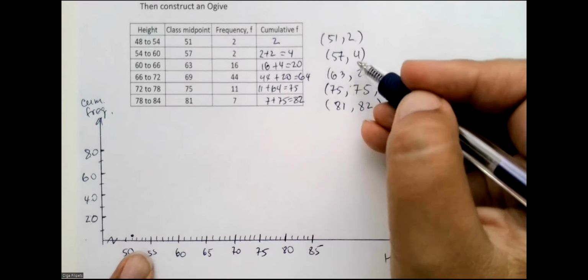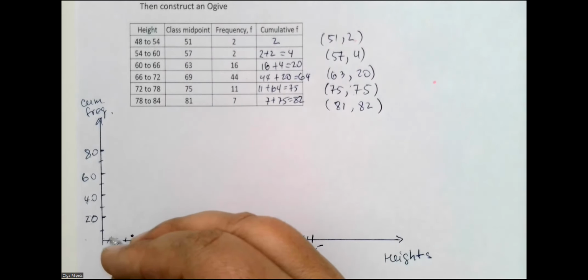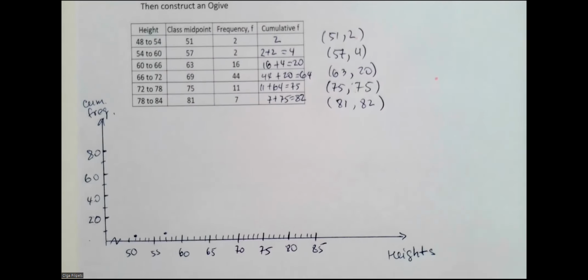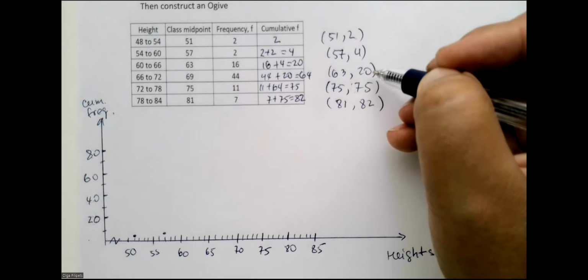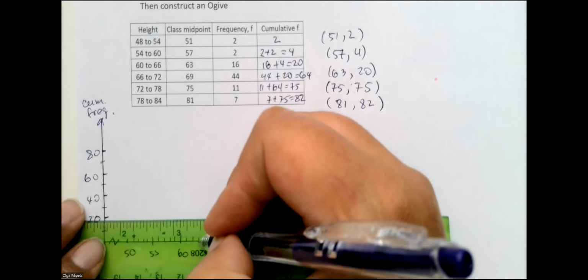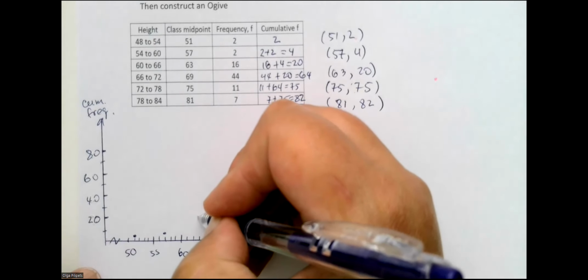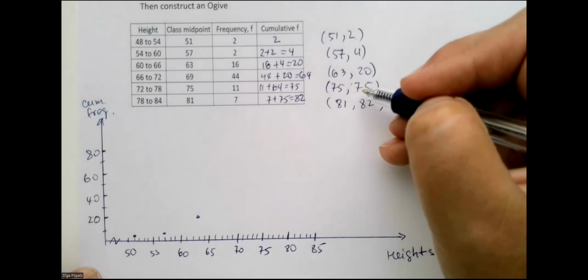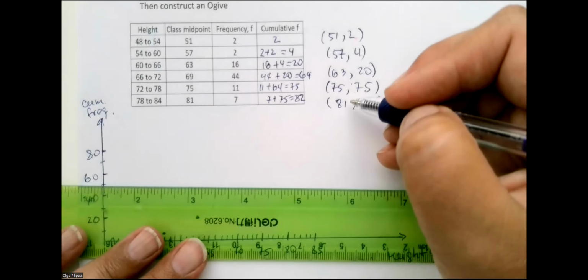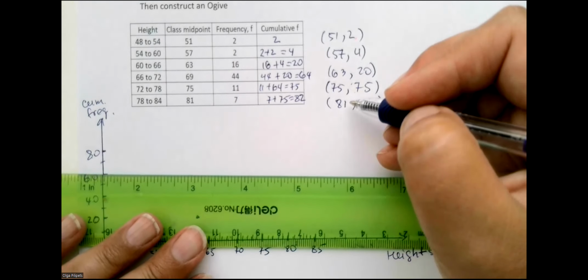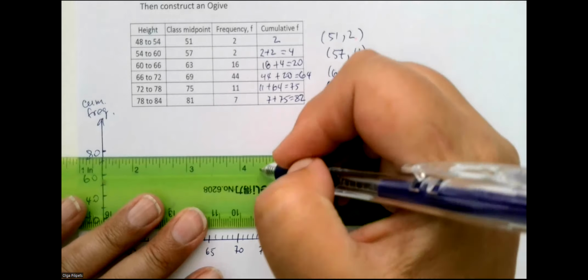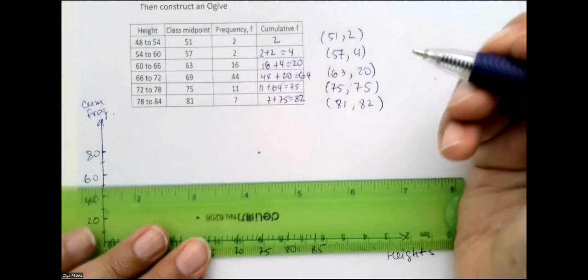The next point is 57, 4, somewhere here. 63, 20. So 20 is right here, and 63 is right here. The next point is 75, 75. So 60, 70, 75 is right here.